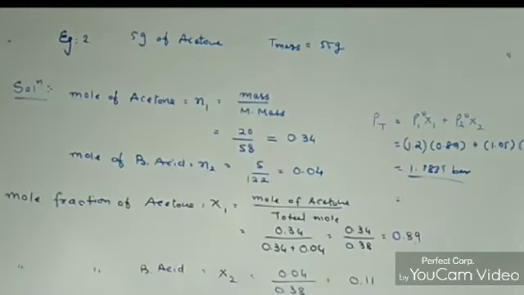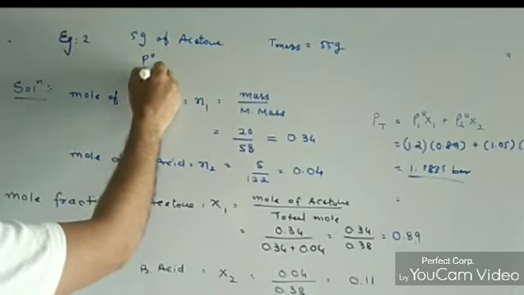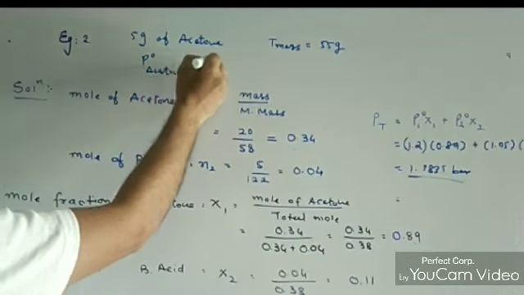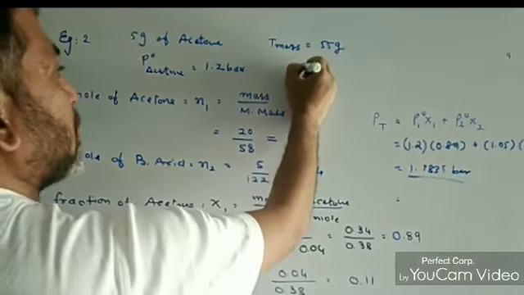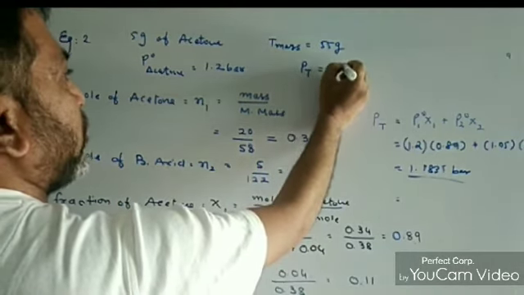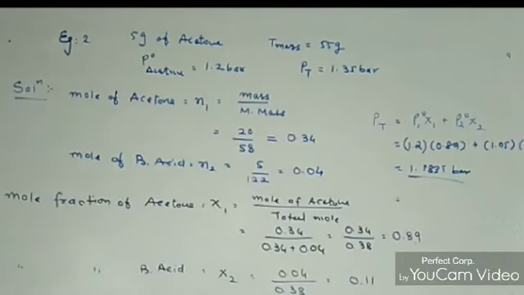If the initial pressure of acetone is 1.2 bar and the total pressure is 1.35 bar, then find out the initial or pure pressure of toluene.